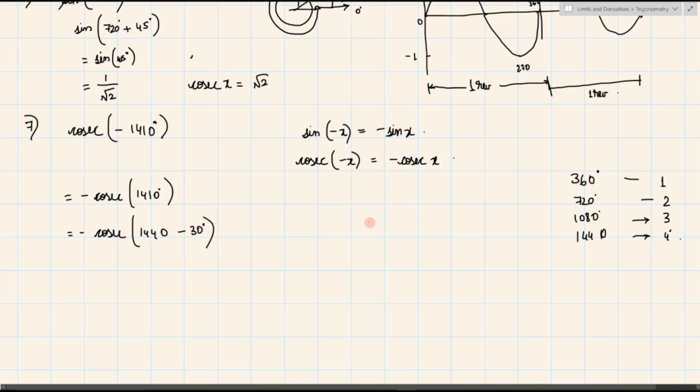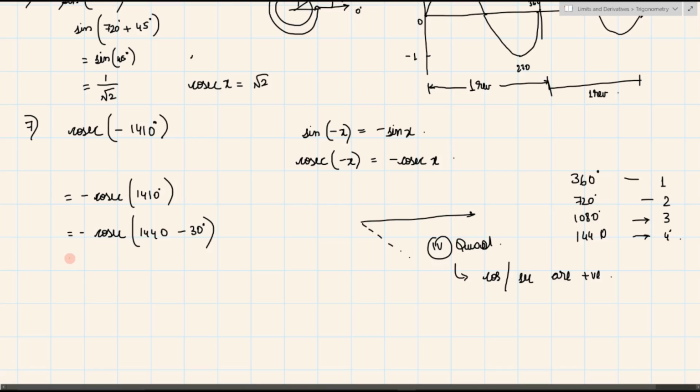1440 is nothing but the horizontal line, and we are subtracting 30 degrees from this, so this would be in the 4th quadrant. In the 4th quadrant, what is positive? Only cos and secant are positive, so this cosecant would be negative.